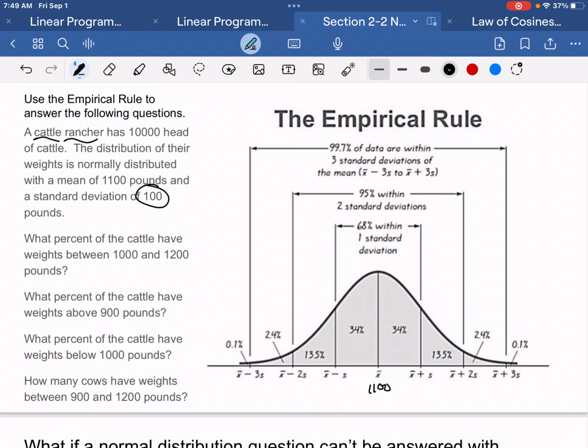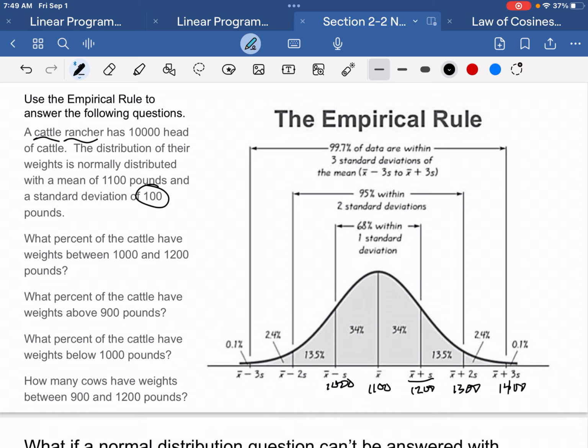So X bar plus S would be 1,100 plus another 100, so that would be 1,200. X bar plus 2S would be 1,100 plus 200, so that would be 1,300, and this would be 1,400 pounds. 1,100 minus 100 puts 1,000 as the value.